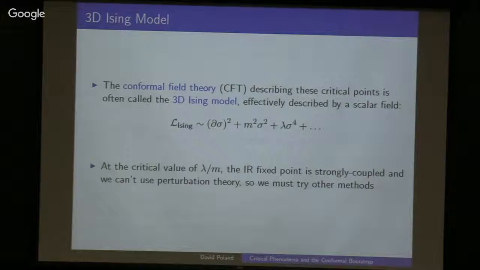And so what I want to tell you about is another approach, the conformal bootstrap, which doesn't have that disadvantage. The advantage of the conformal bootstrap will be that we really can place rigorous error bars on quantities that we can compute. And moreover, it's going to take full advantage of the conformal symmetry that we believe exists at these fixed points.